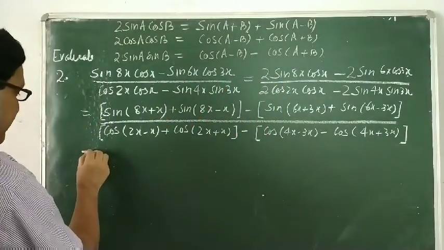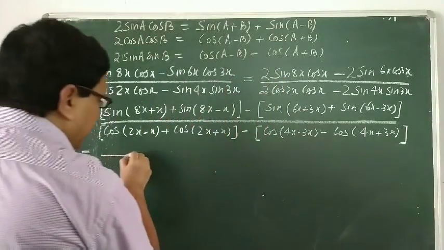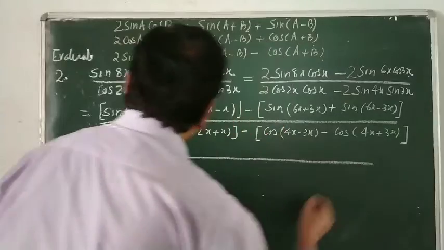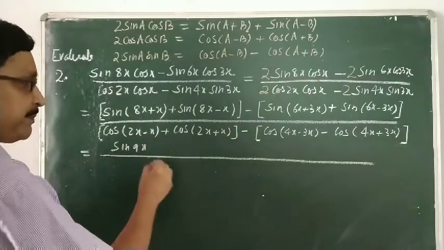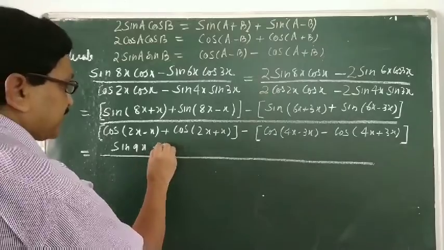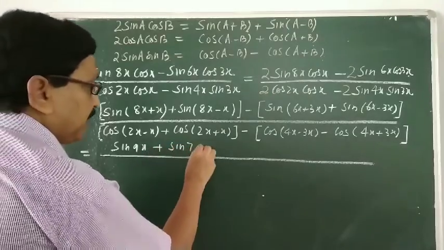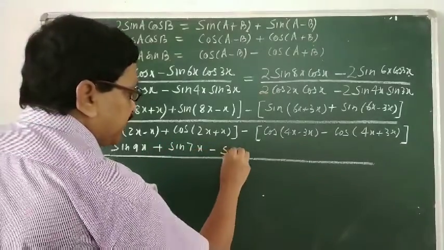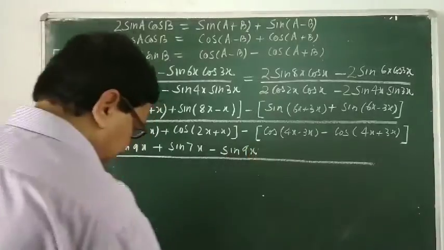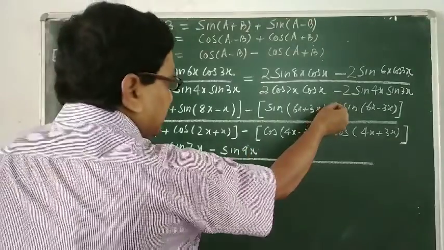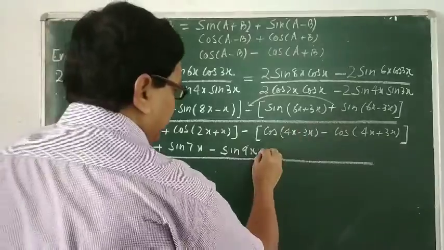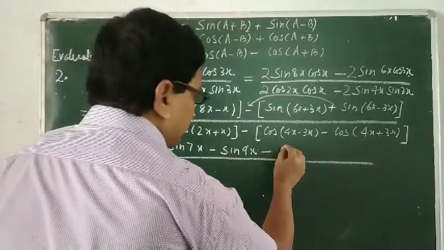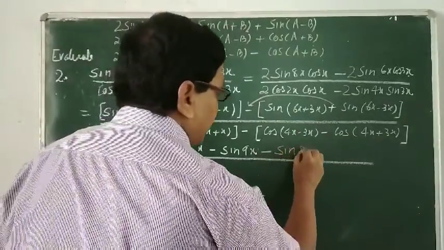Now go on to the simplification of numerator and denominator, children. So just see, this is sin 9x, and break the bracket: sin 9x plus sin 7x minus sin 9x, and this minus will make the positive negative, minus sin 3x.